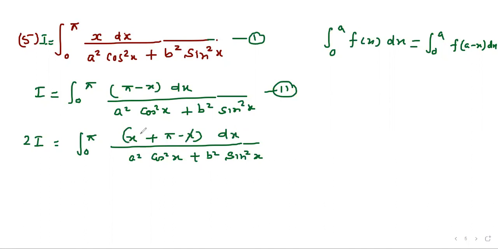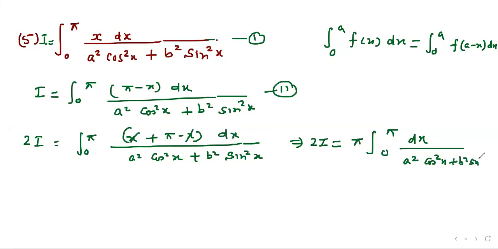So x will cancel out and we will get 2I equals pi times integral 0 to pi dx divided by a square cos square x plus b square sine square x.